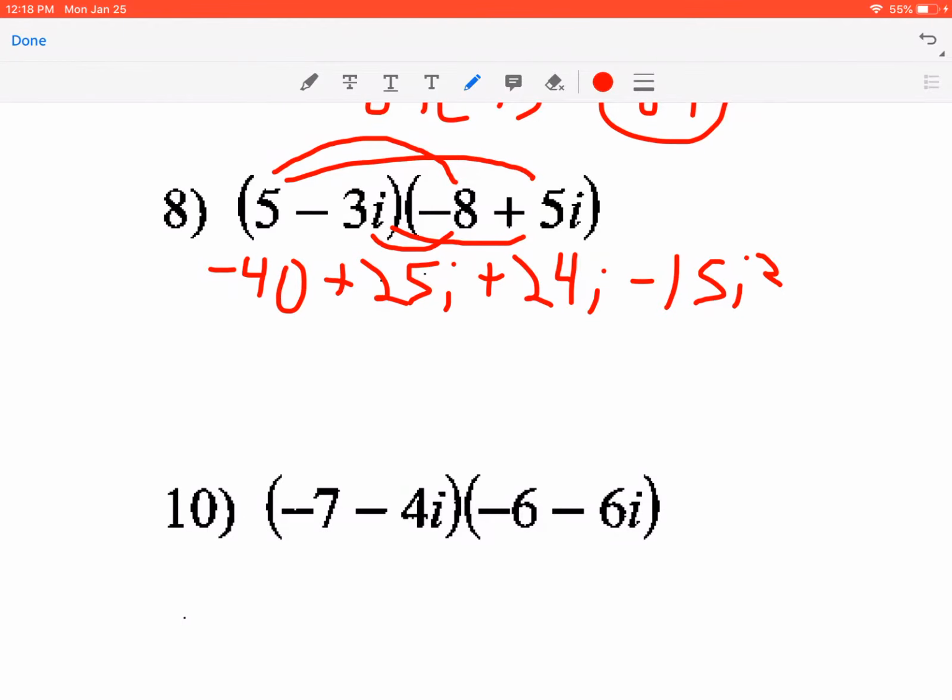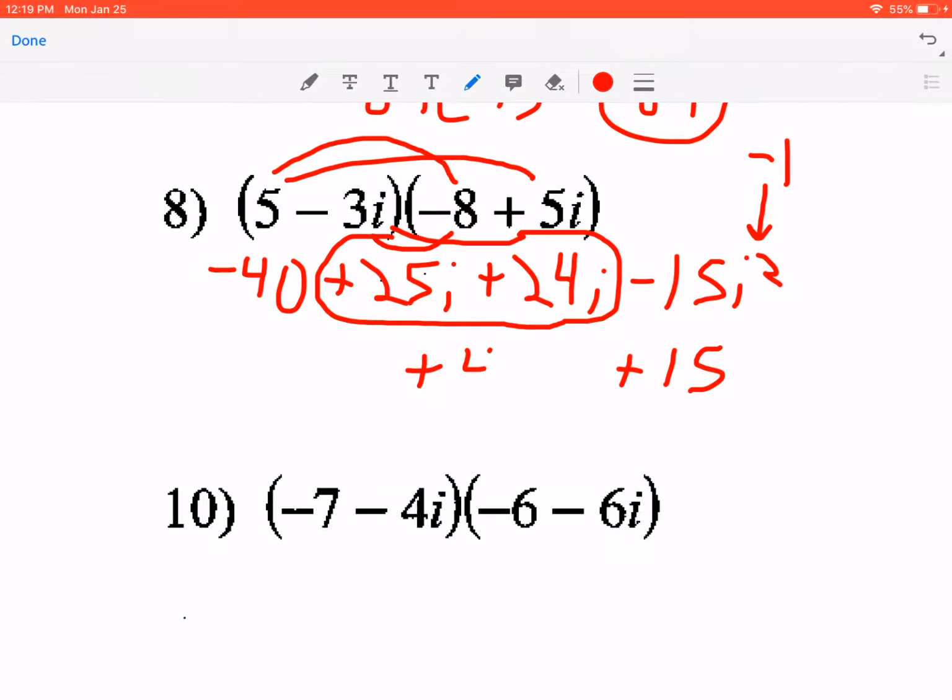But if i squared is negative 1, that's really a negative 1. What's a negative 15 times a negative 1? It's a positive 15. These can be combined. 25i and 24i, wouldn't that be plus 49i? And then bring down the negative 40.